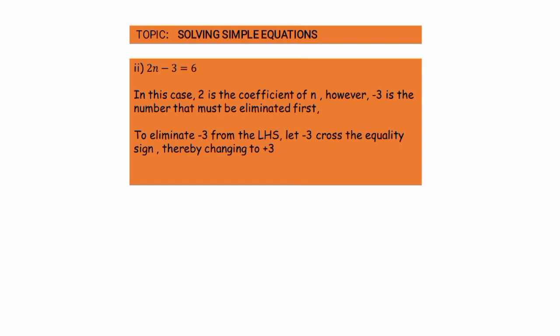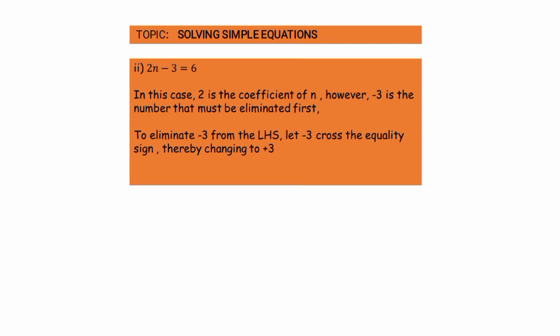Let's look at the second one, which is just a little bit more advanced than the first one. Of course, minus 3 is part of the terms that are preventing n from being alone. Also, 2 is part of them. In this case, we'll start by eliminating minus 3 from the left hand side.